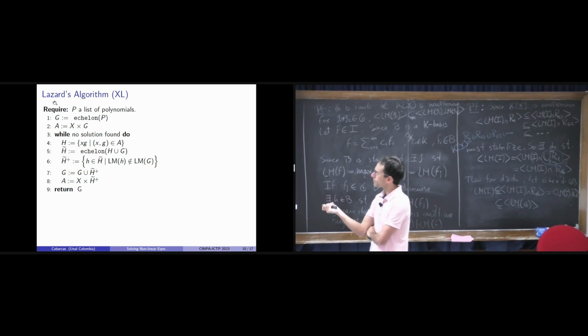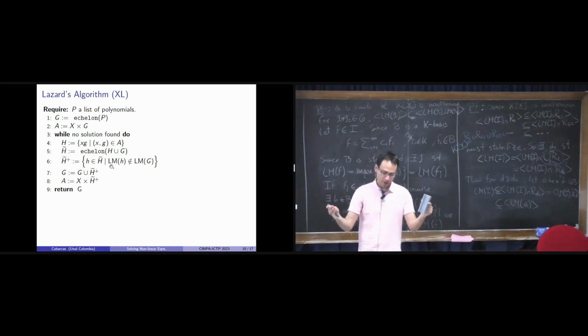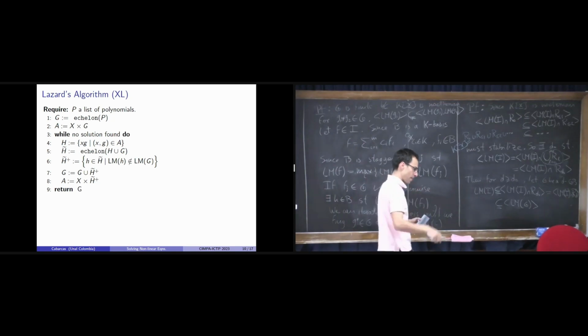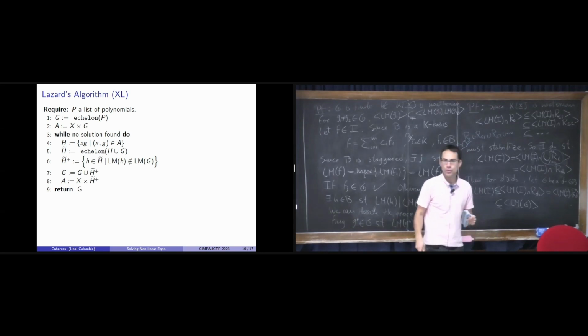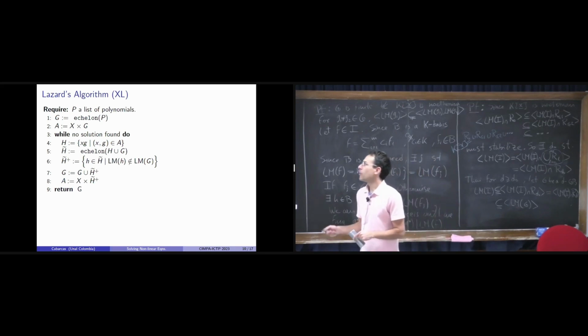For now, all we're doing is construct the Macaulay matrix, multiply by variables, do Gaussian elimination, and continue that way. Also note that I don't have to always multiply the original polynomials, but I only multiply the new polynomials. Only the new polynomials are the ones that are multiplied.